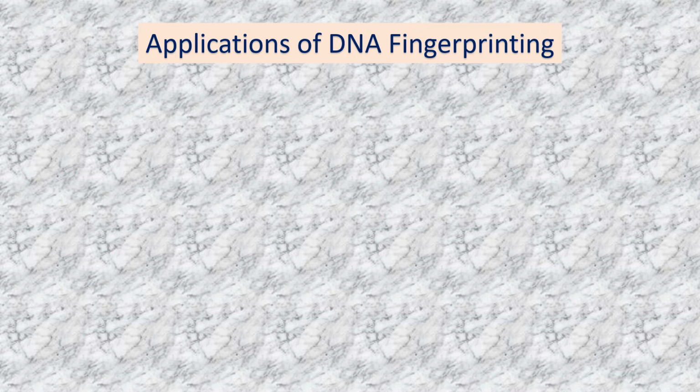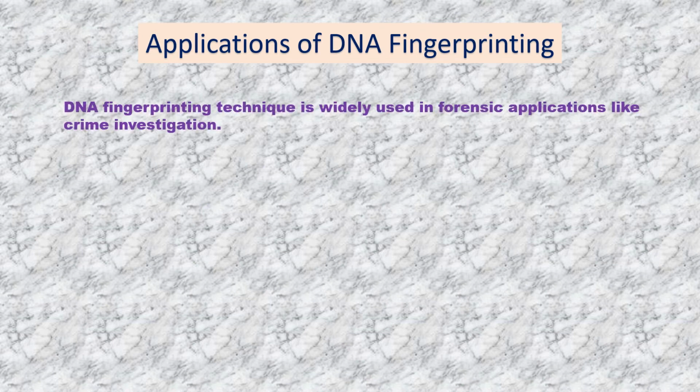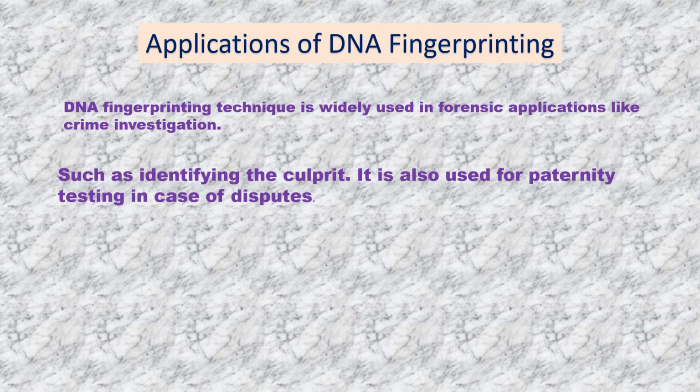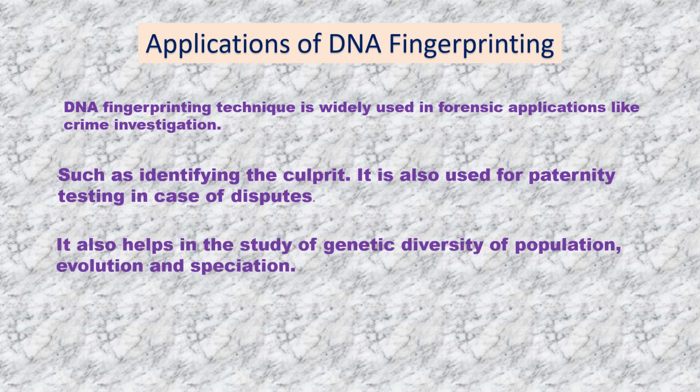Already I said DNA is not the same in all people in the world. Each person is unique. So the police department can find the culprit, that is forensic. Forensic applications include crime investigations such as identifying the culprit. It also helps in the study of genetic diversity of populations, evolution and speciation.